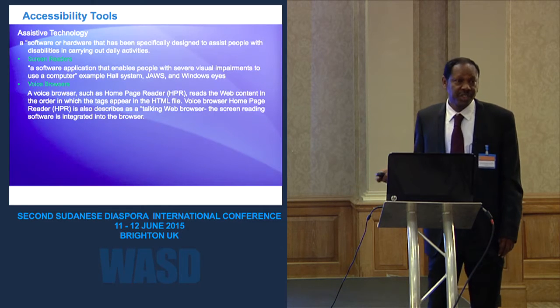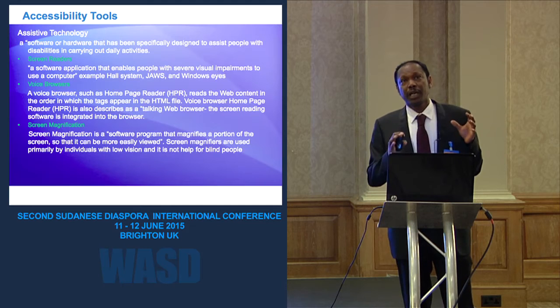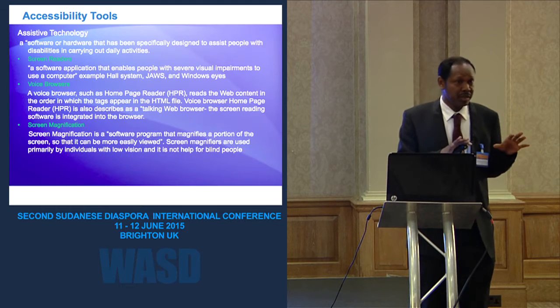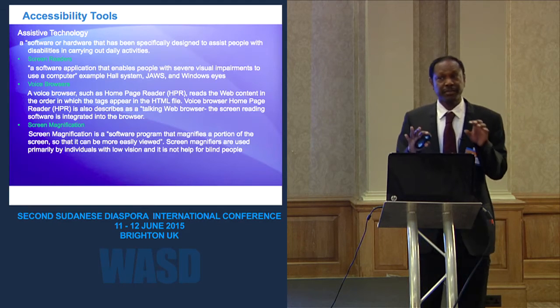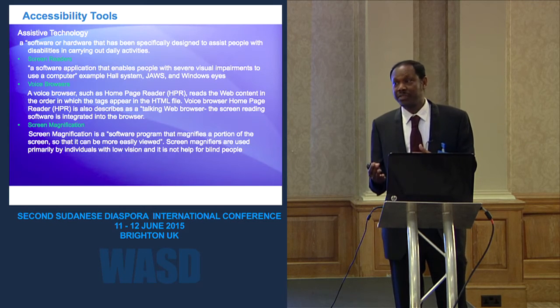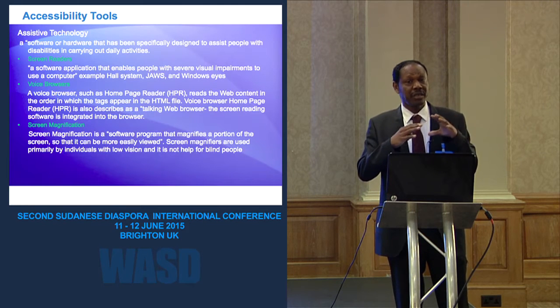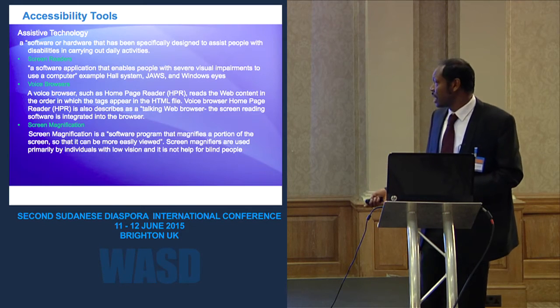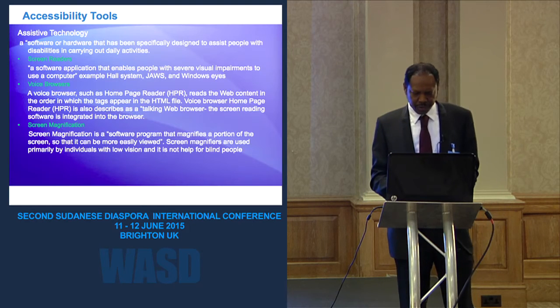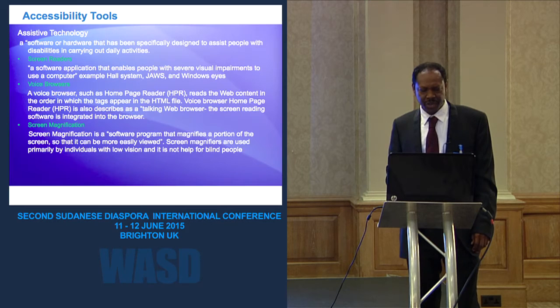The last one is screen magnification. This is for the partially impaired, not the visually impaired. Partially impaired means elderly people over 70 who have difficulty seeing text. Screen magnification is a software program that magnifies a portion of the screen so they can more easily view the text.